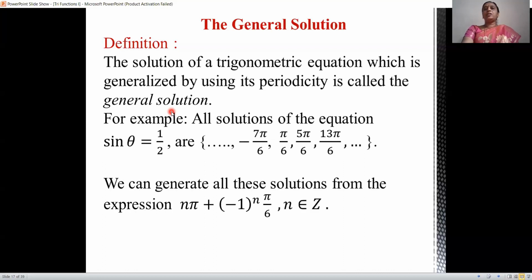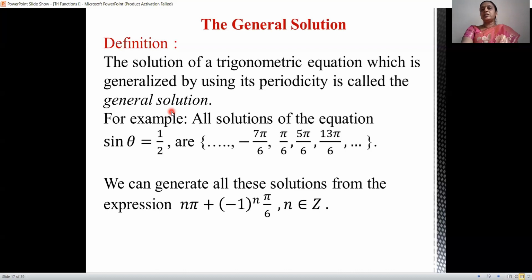Now, all these solutions are generalized in a simple equation, and that equation is n pi plus minus 1 raised to n into pi by 6, where n belongs to Z. Means all those solutions are generalized in this formula. Where n belongs to Z means n is an integer. Z is the set of integers.